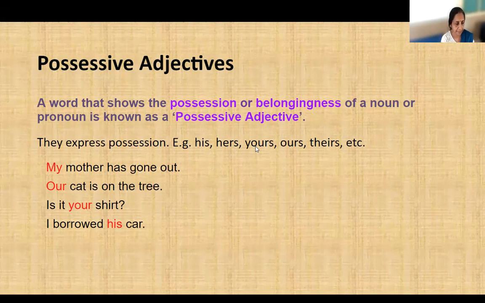The examples given are: My mother has gone out. Whose mother? My mother. Our cat is on the tree. Whose cat? Our cat. So it is showing the possession. The cat is being owned by us. Is it your shirt? Does it belong to you? I borrowed his scarf. So these are the different types of adjectives.